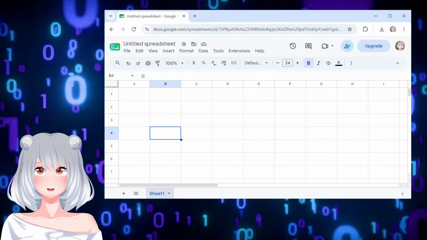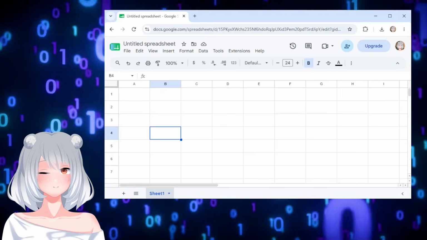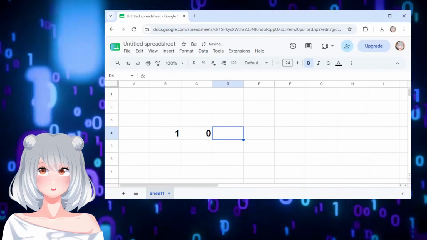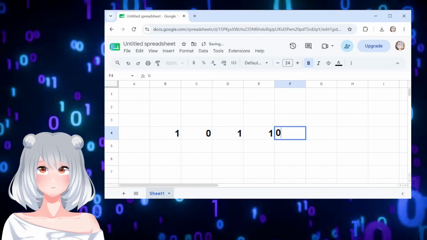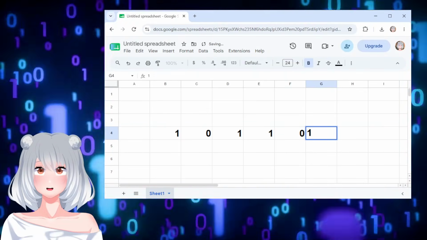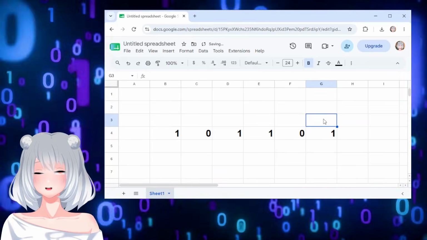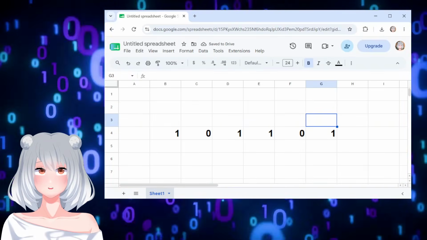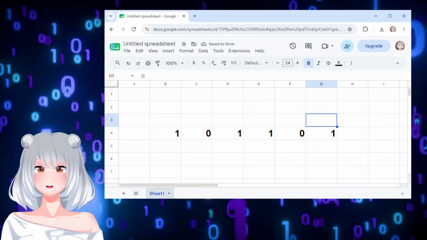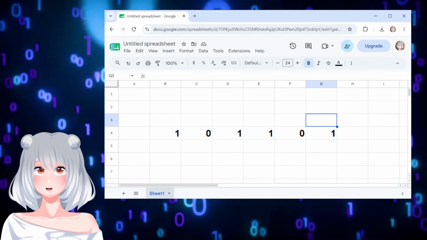So let's make up any binary number. How about 1, 0, 1, 1, 0, 1? Okay, so every number in this binary set is representative of another number.